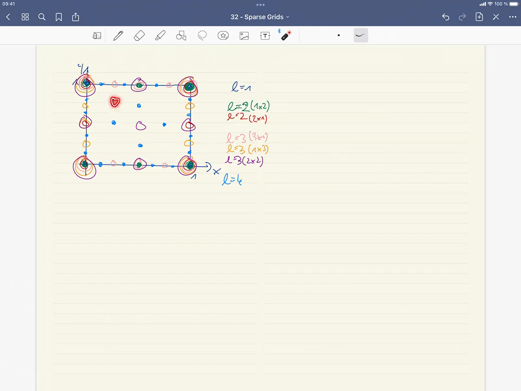I have certain points I don't have, and most of the time there is crosses forming. In the next level there would be crosses forming here, each of these corners, and then finer crosses and finer crosses, because we leave out some points in the middle. So this is how sparse grids can be constructed and how they look like.